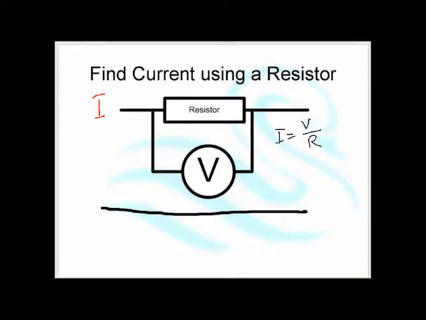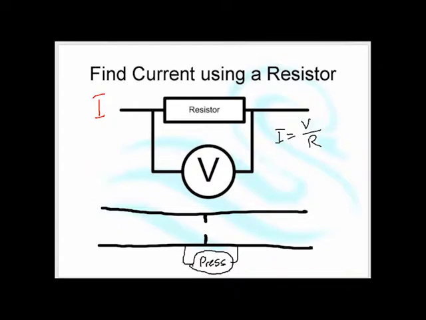With fluids, we do the same thing. We put a resistor of some sort in the pipe. We then measure the pressure across that resistor.